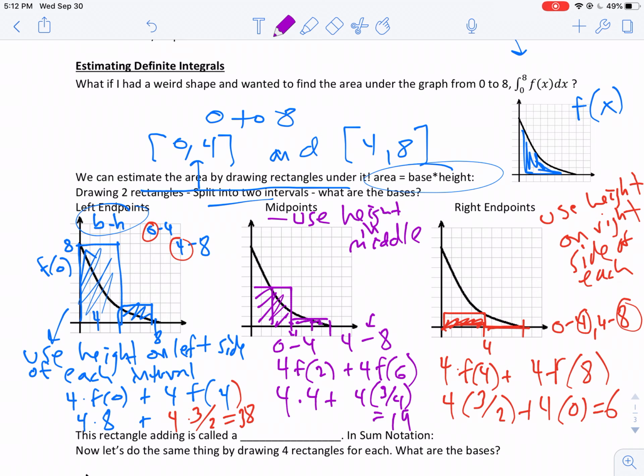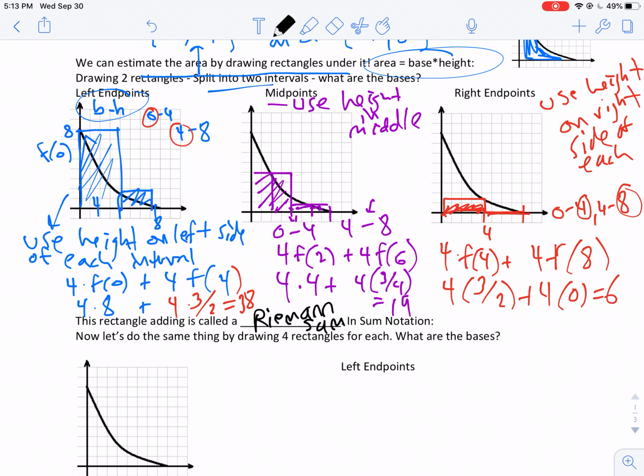Now, again, none of these are perfect, but these are just 3 different ways that you can estimate the area by finding it as rectangles. Okay, and what we're doing here, this strategy, these are called Riemann sums. And Riemann is a dude, one of the most famous mathematicians of all time. The way to pronounce his name is Riemann.